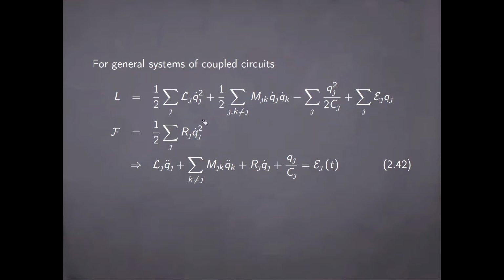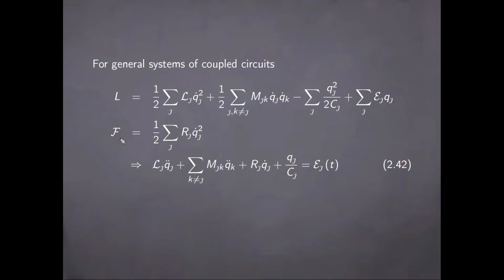And if the circuits are coupled, we also have terms of mutual inductance, which can be understood intuitively from the idea of current-carrying wires that are interacting with each other. But to understand exactly where this term comes from, we need to do a more thorough study of classical electrodynamics, and hopefully we will go through that at some point in the future.